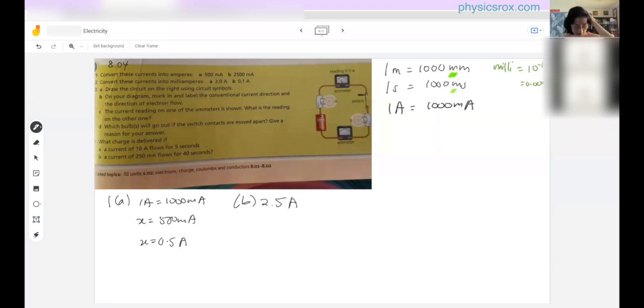Who doesn't understand this milliampere to ampere conversion? Where's my chat? Zoom has put away my chat. Can you follow or not? Oh, okay, so you base on this number.